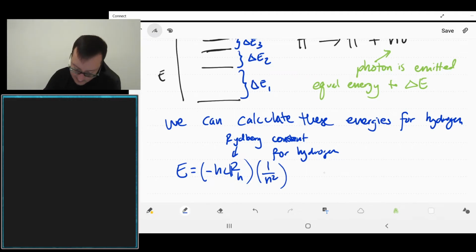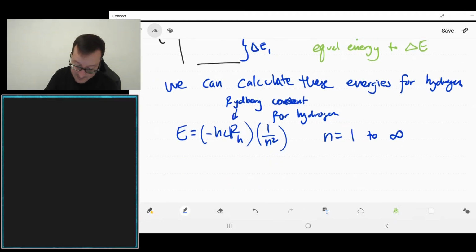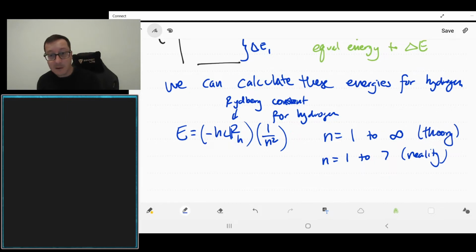Remember that n can be anywhere from 1 to infinity. We don't really talk about infinity. We usually are limited to 7. We're going to see that these n's correspond with the period on the periodic table. So since we only have 7 rows on the periodic table, that's typically where we end this. But in theory, it can go up to infinity.